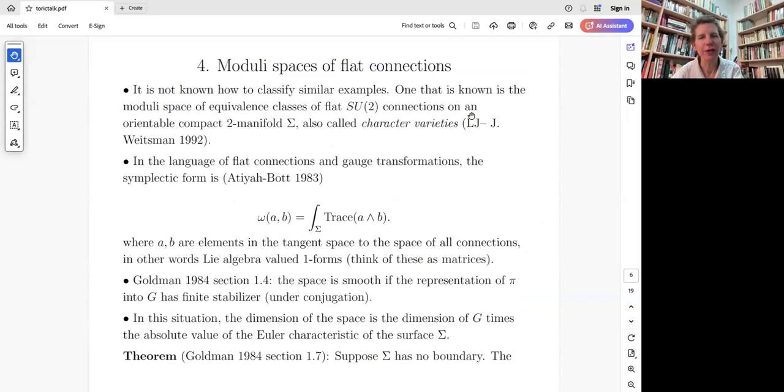So this is an omission: pi is the fundamental group of the surface, and gauge equivalence classes of connections are isomorphic with representations of the fundamental group into the group G. G here is SU2, up to conjugation. Sorry about that.